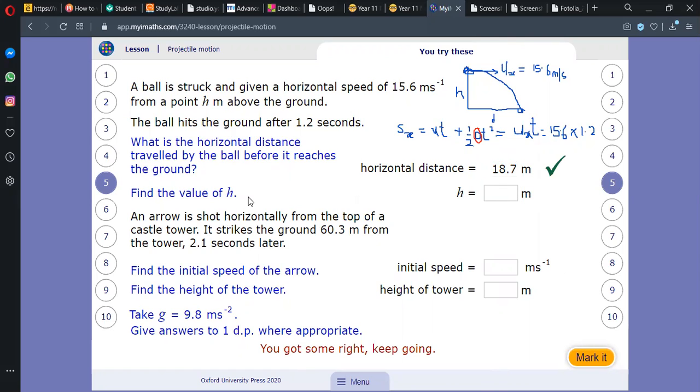You want to find the height. To find that height, that is the vertical direction. So we're still going to be using, let me use a different color there, Sy, which is our H there, to be equal to ut plus half at squared as well.